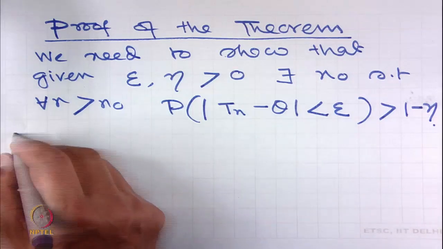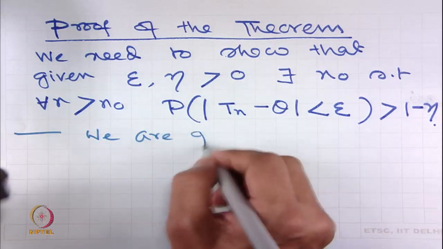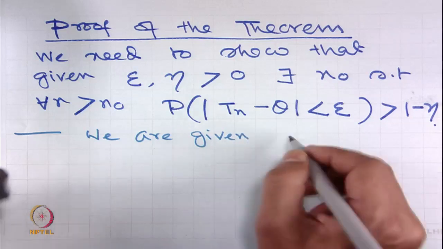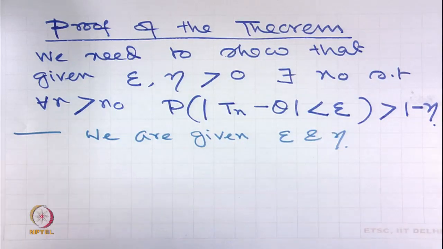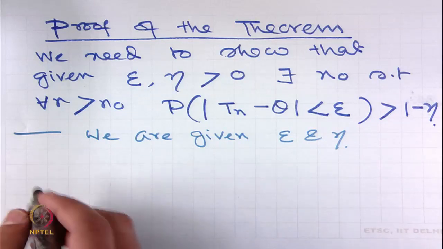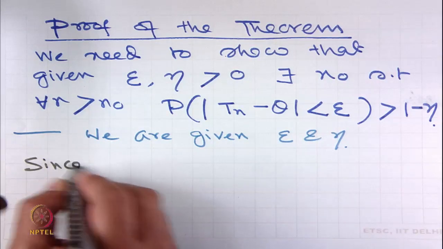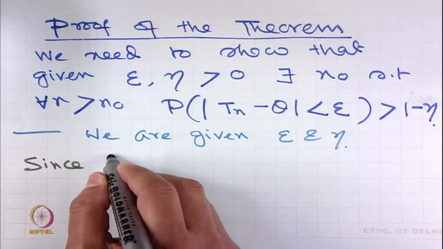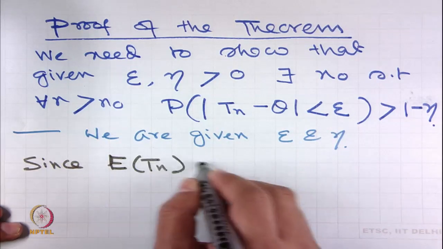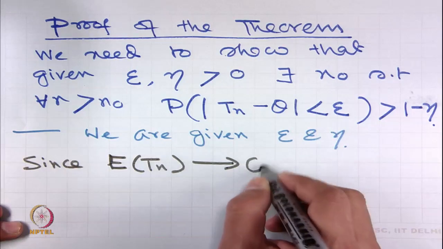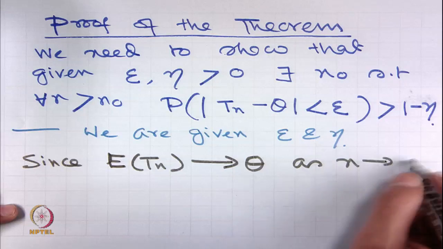So, we are given epsilon and eta. First thing that is given is expected value of T n converges to theta as n goes to infinity.